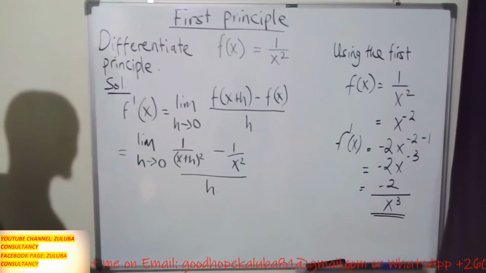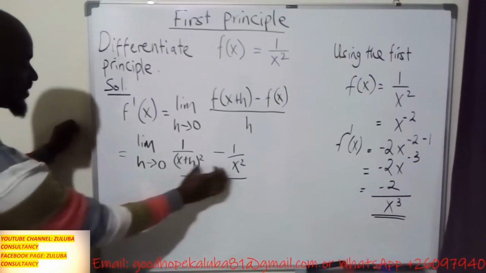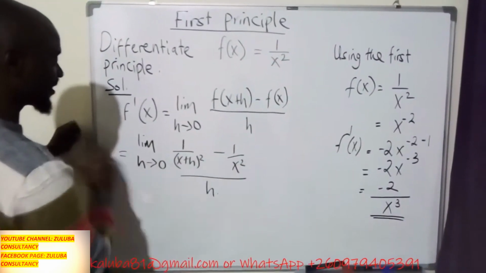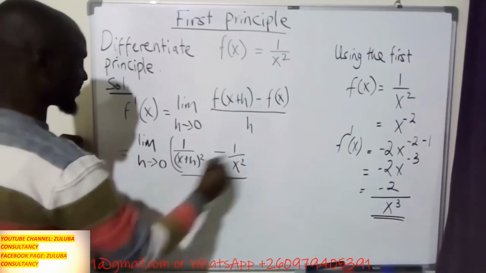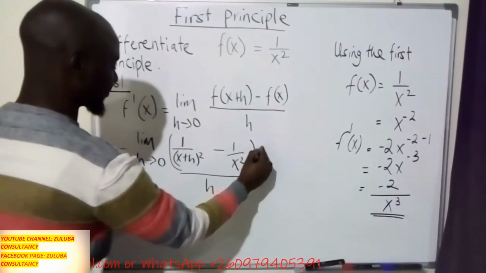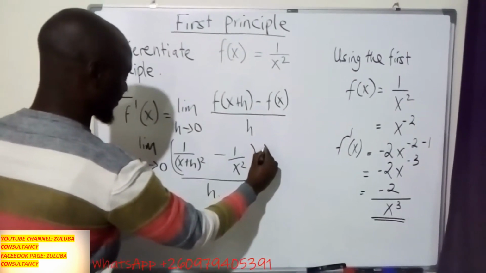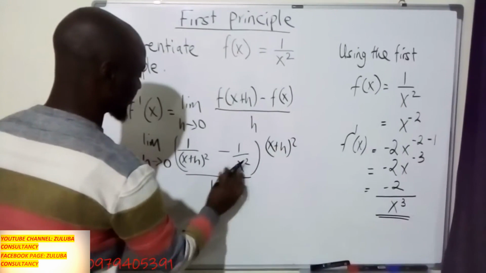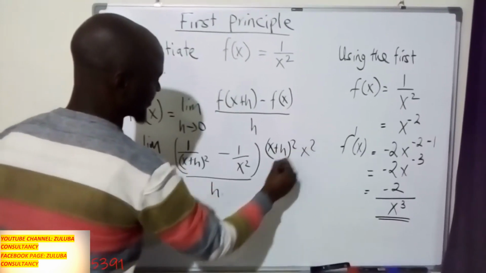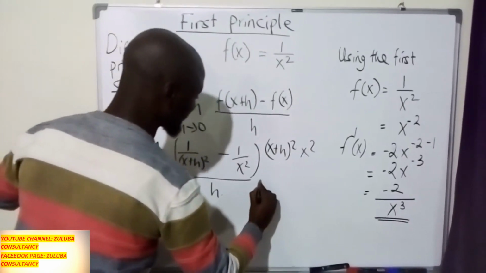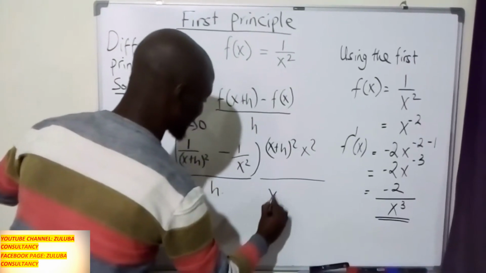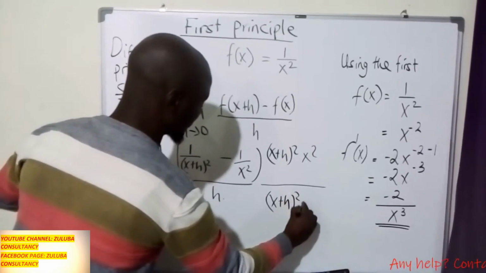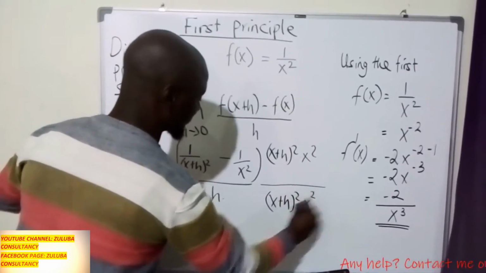So how do you do that? You're going to multiply by x plus h squared, then x squared, on top. But again, we have to do it even down here. We're going to have x plus h squared, then x squared.